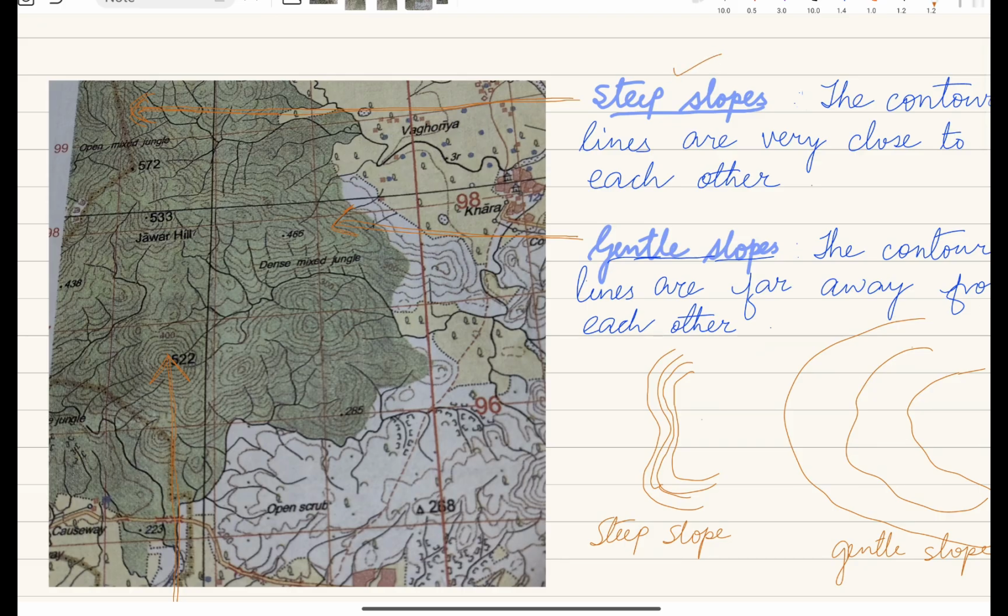Whereas in this figure, these brown lines are far away from each other, so the slope is gentle.